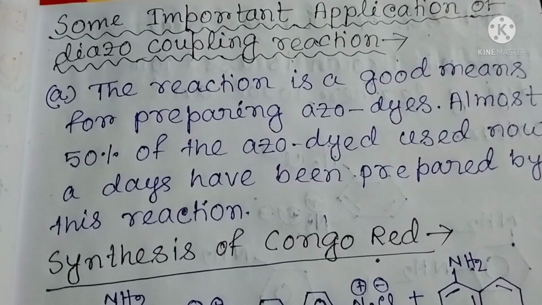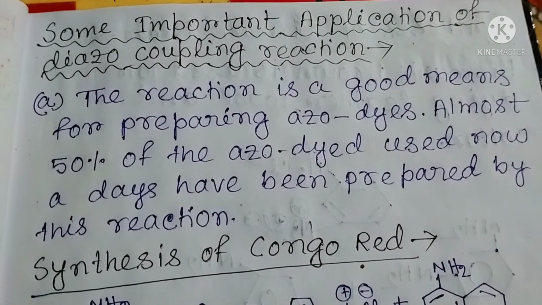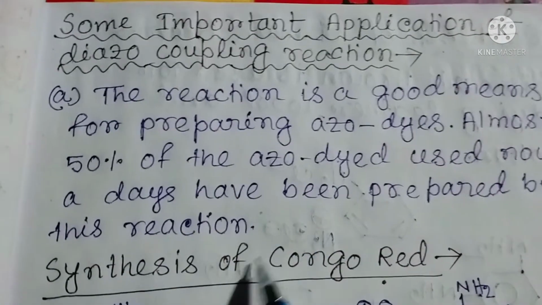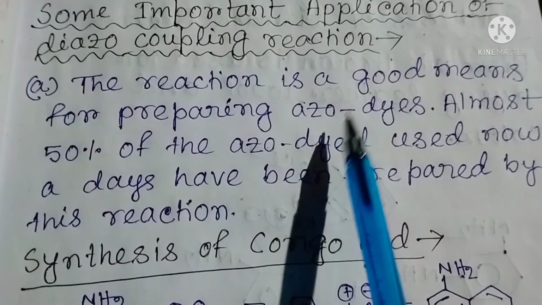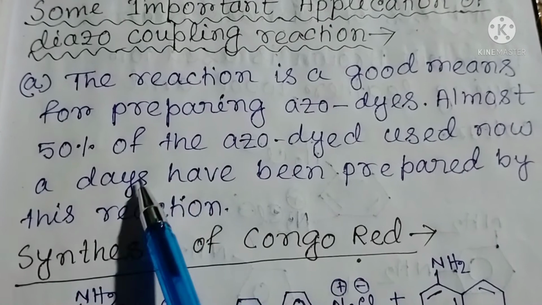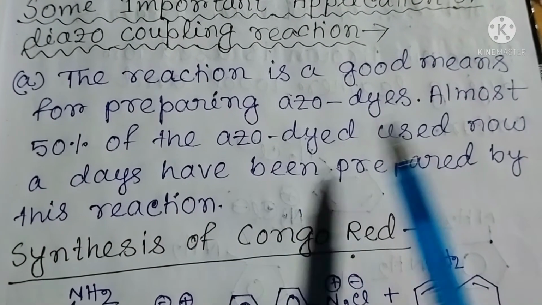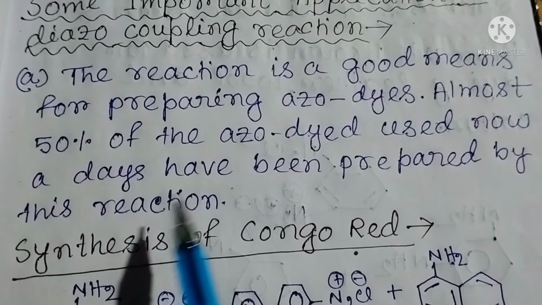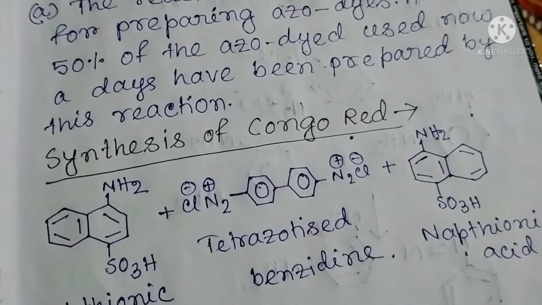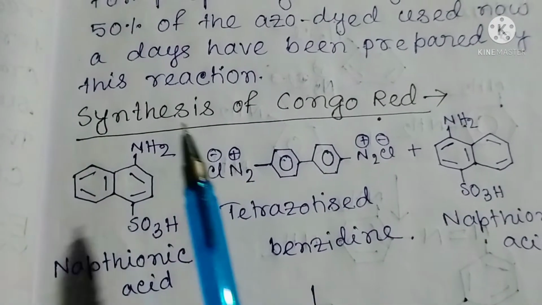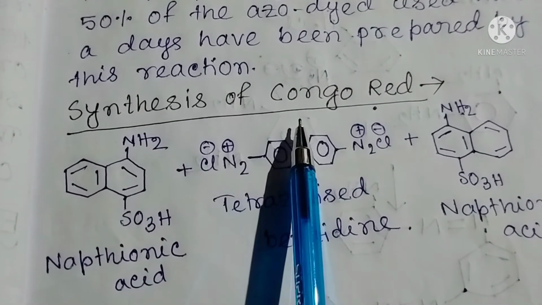Now let's see some important applications of Dye-Azo Coupling reaction. The reaction is a good means for preparing azo-dyes. Almost 50% of the azo-dyes used nowadays have been prepared by this reaction. First, we read synthesis of Congo red.